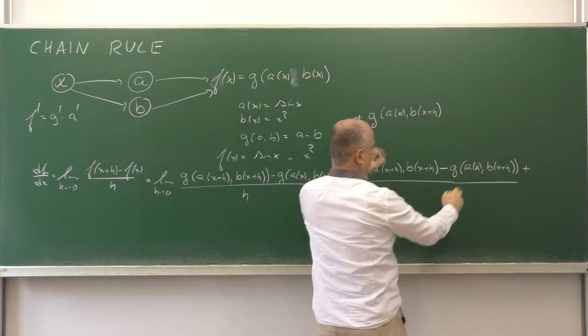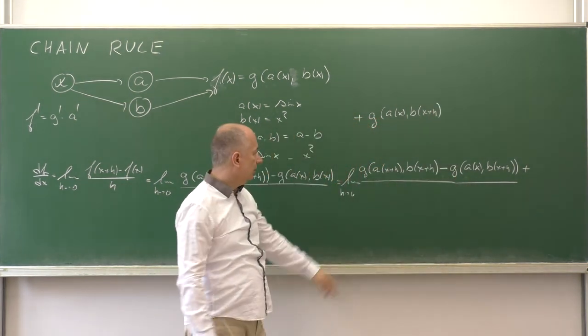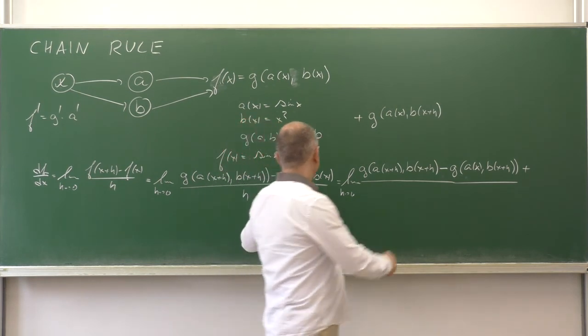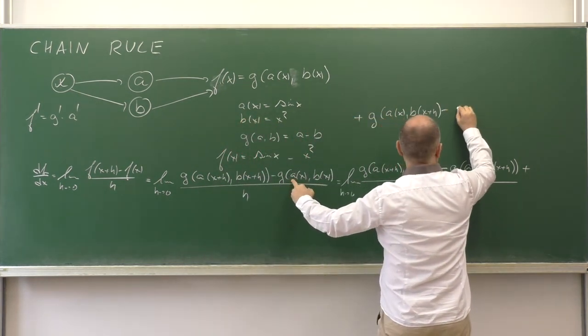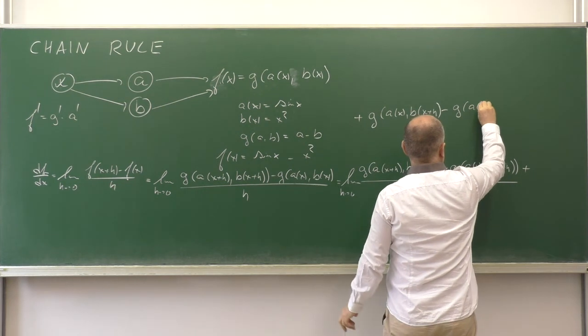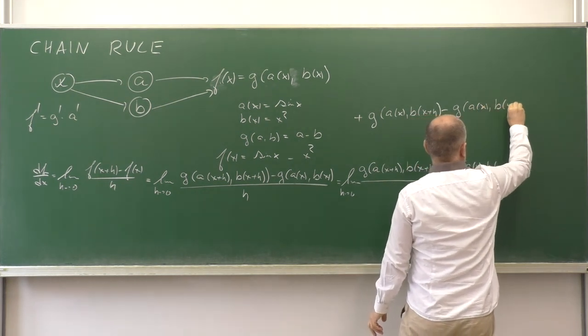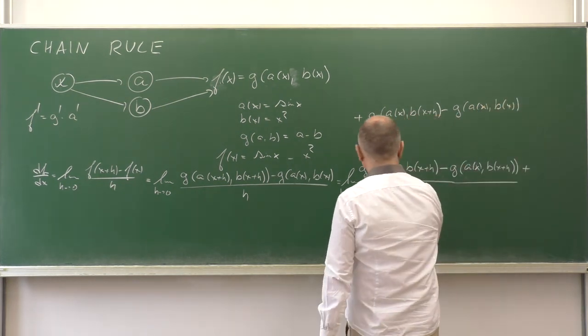So these two terms cancel each other, so they don't change the result, and we have to copy the last term, minus g at a(x) alone, b(x) alone, divided by h.